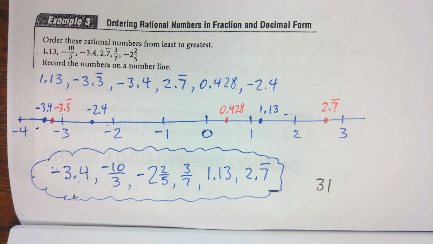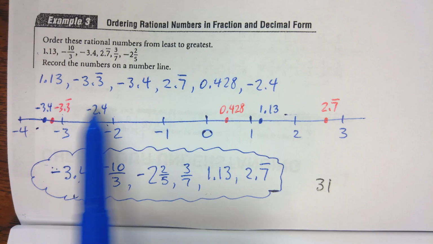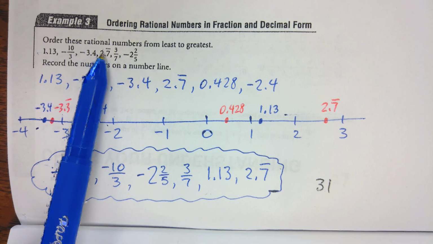You can just use one color. You can use several colors. You can use the fractions or decimals on the number line. Doesn't matter to me as long as you have this right here. Yeah. The original numbers.